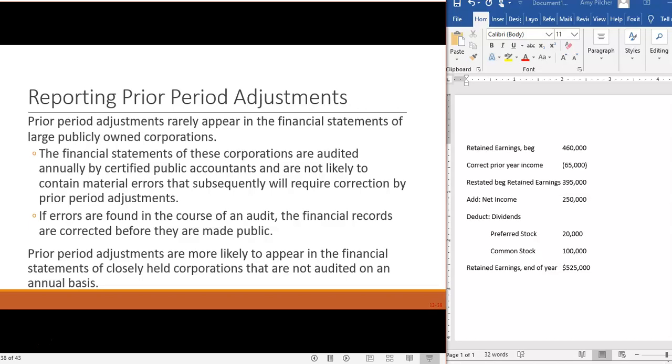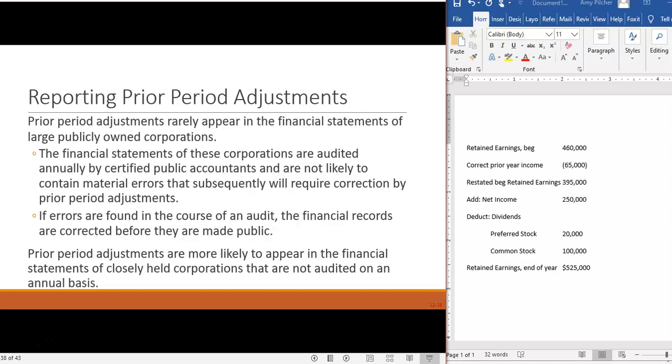We rarely see these prior period adjustments in the financial statements of large publicly owned corporations. One of the main reasons for that is because these errors are going to be found in an audit, and those are going to be corrected before we even print our financial statements.